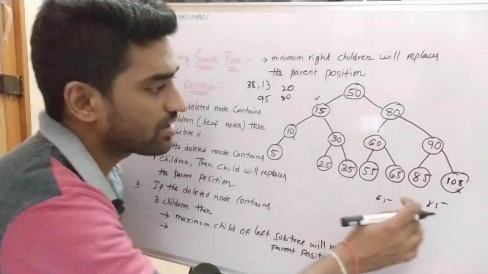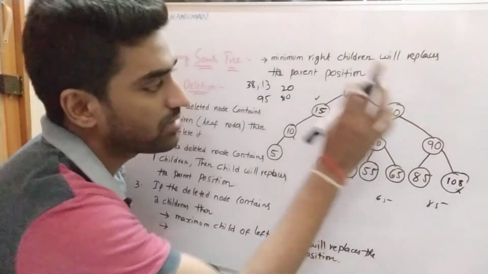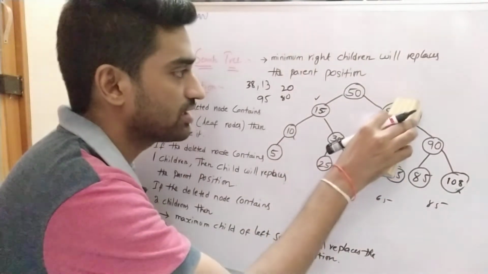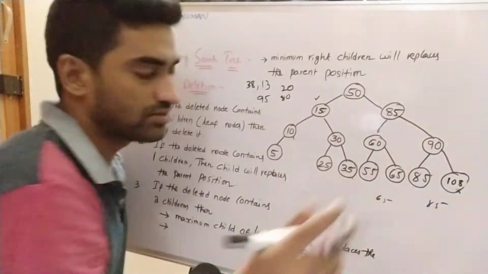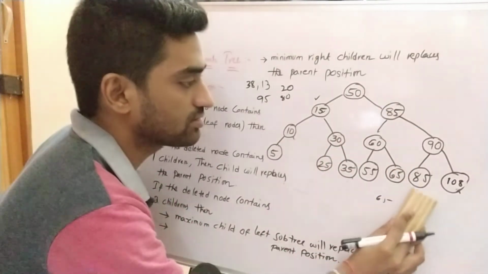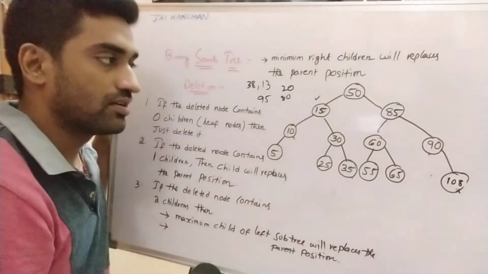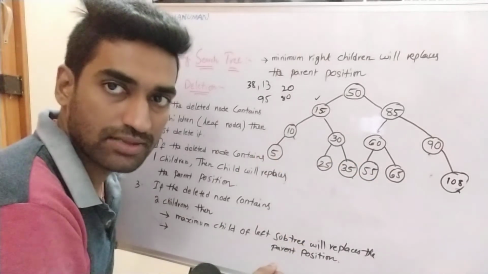Suppose I want to replace 80 by the minimum of the right child, 85. So 80 is replaced by 85, then delete 85. Now the newly generated tree also satisfies the binary search tree property.